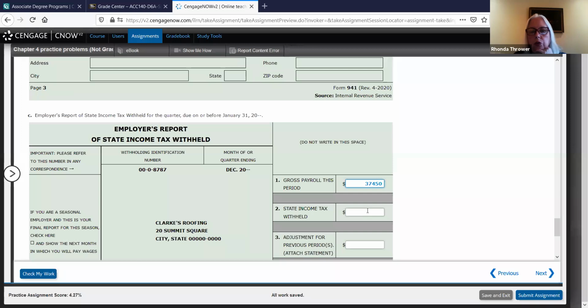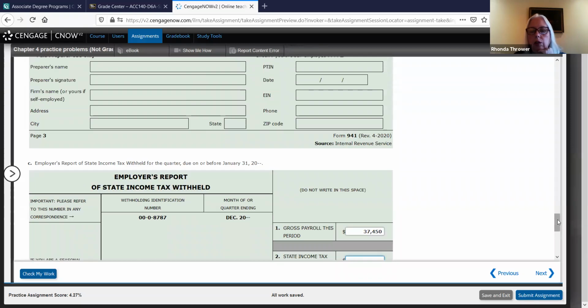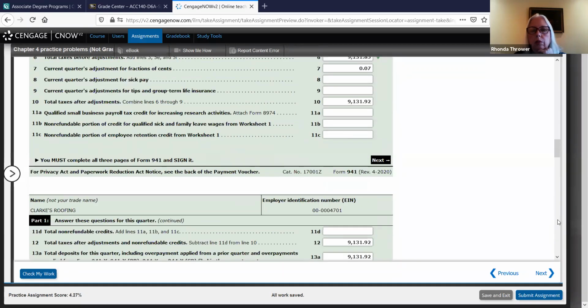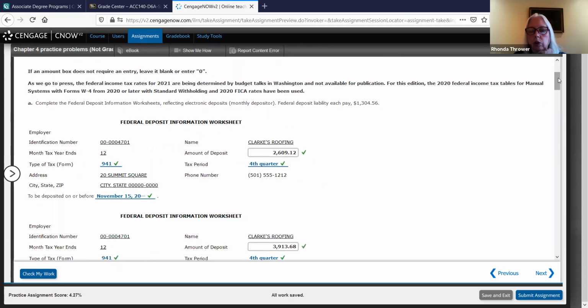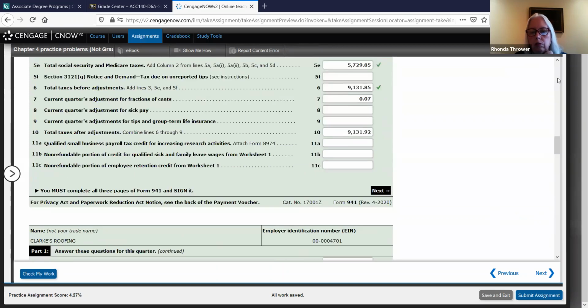Then you're going to look for your state income tax that was withheld, and that was given. The amount is $2,621.50.